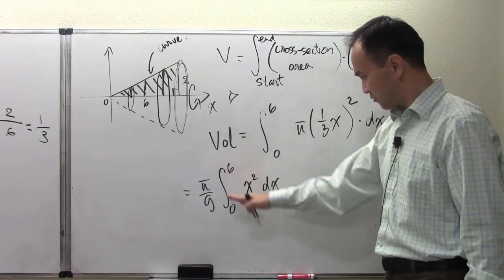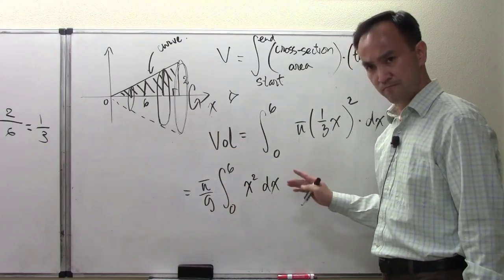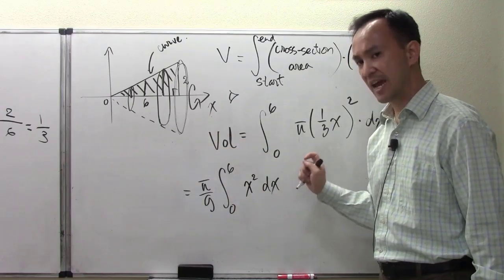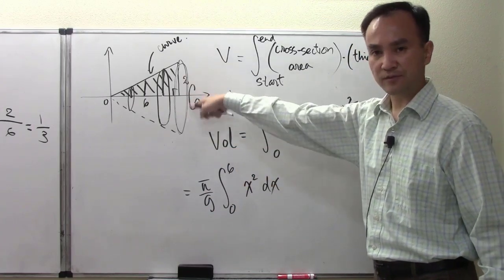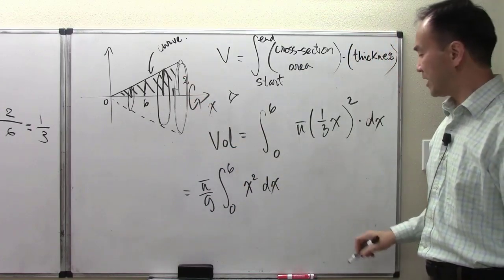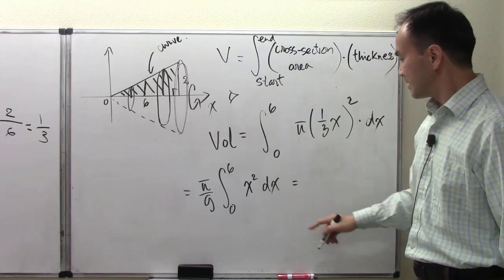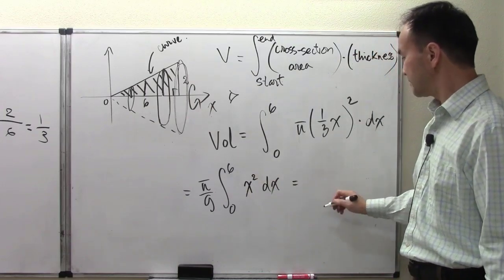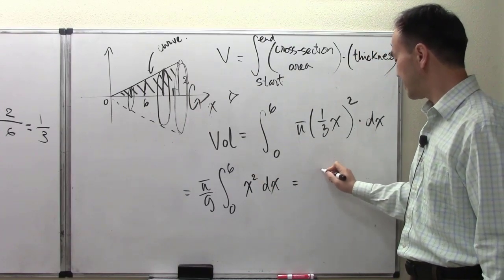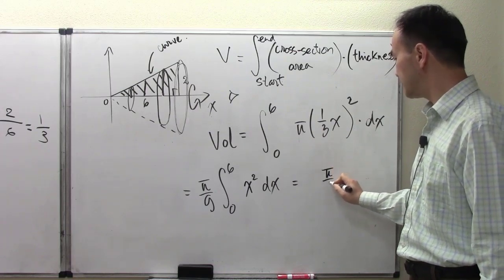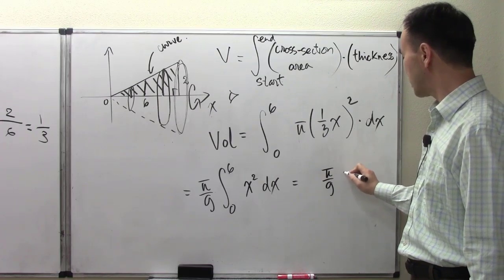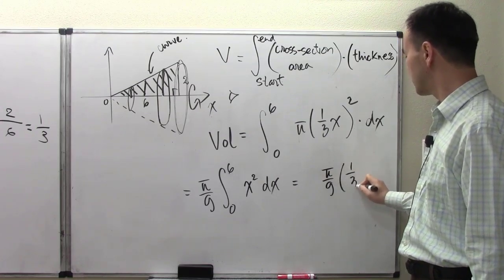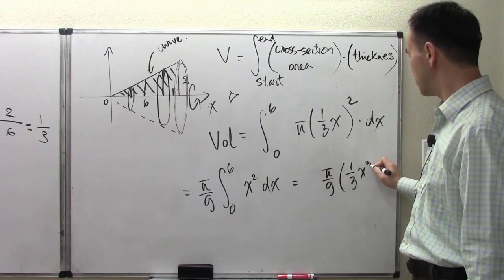Once we complete this integral with the fundamental theorem of calculus, the answer we come out with is the precise volume of this cone. So it's pi over 9 times all that. Here I'm going to find the antiderivative: pi over 9 times 1/3 x cubed.